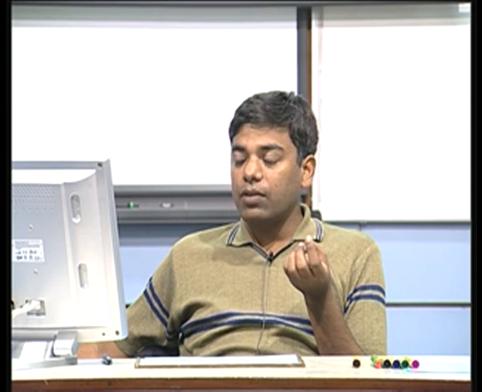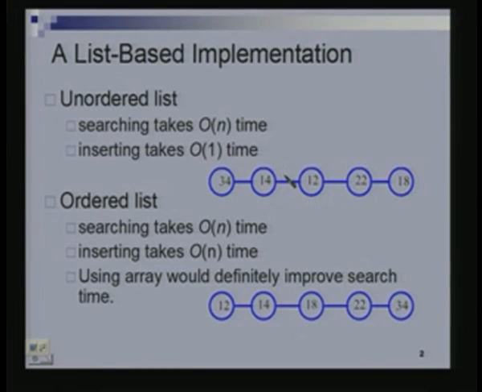How much time would successor take here? Order n, not order 1, because suppose I say what is the successor of 12 in this dictionary. The successor of 12 is not 22, it is 14, which is the key following 12 in the order relation. The order relation I am assuming is just the order on the integers.